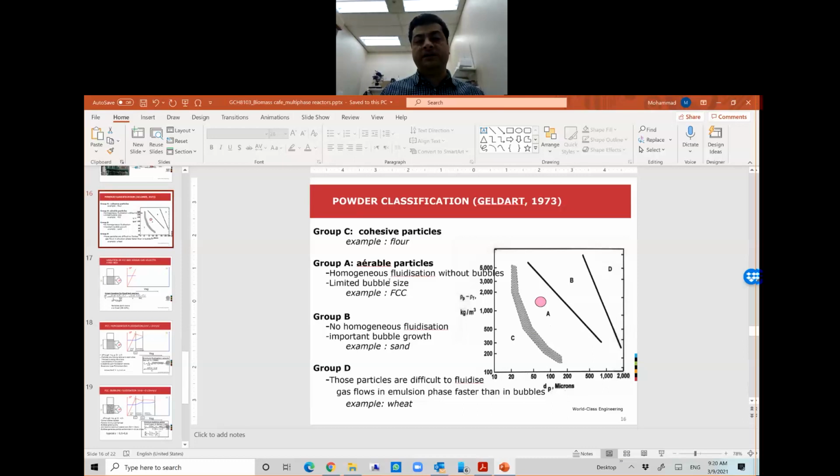You need to have an idea of what group your particles belong to. After knowing your group of particles, then you need to go to the course notes or design books to find out different procedures to design your reactor.